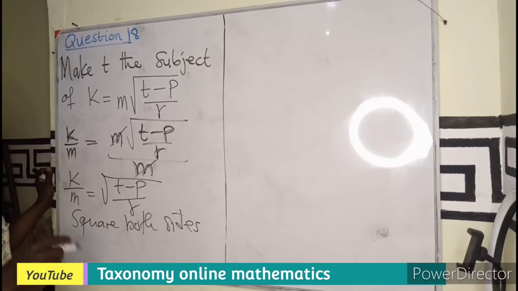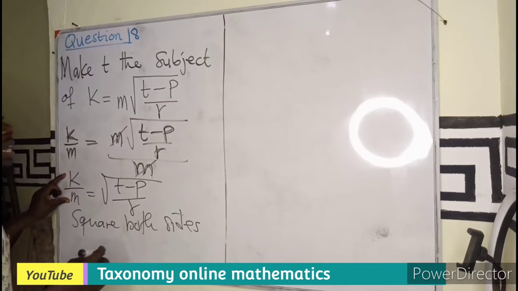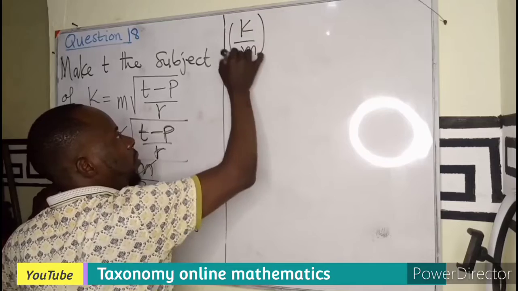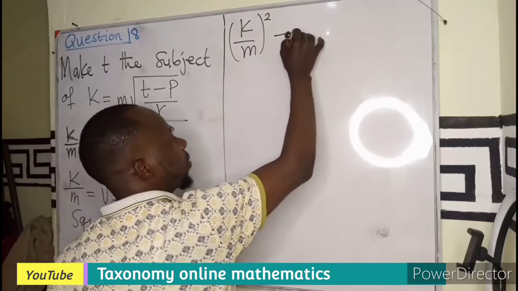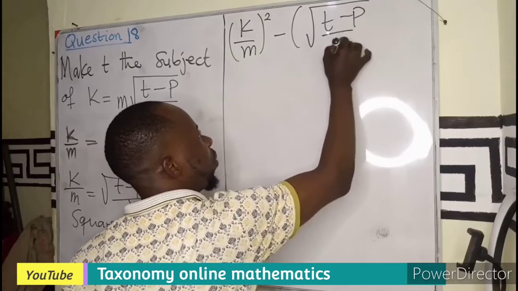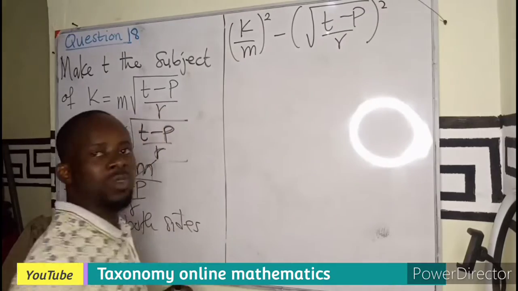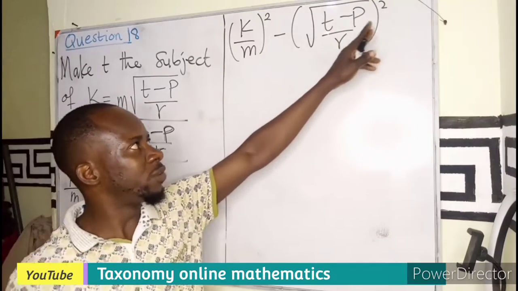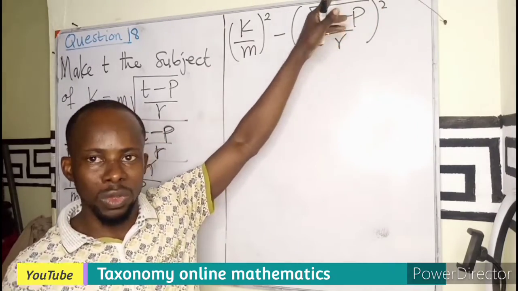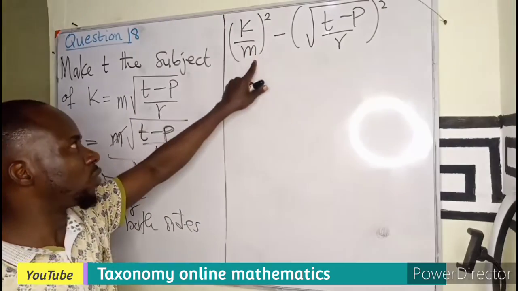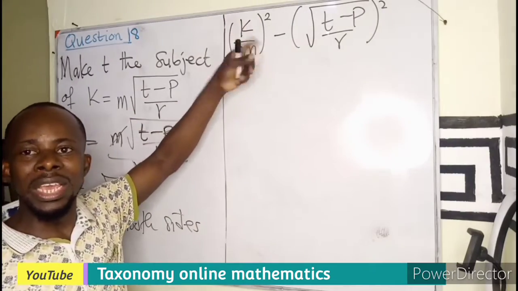both sides of the equation. If I square both sides, I'm going to have (K over M) all squared equals (T minus P over R) all squared. Obviously we are doing the squaring because we want to cancel the square root, so our square root is going to be eliminated. But don't forget, this is also under indices.